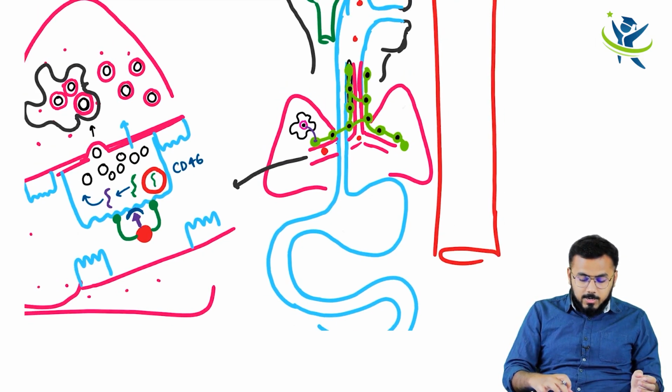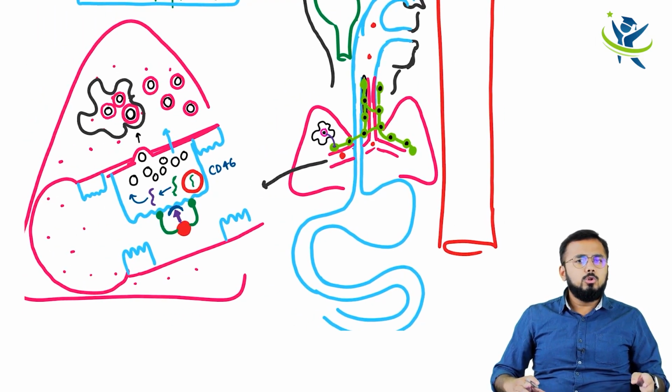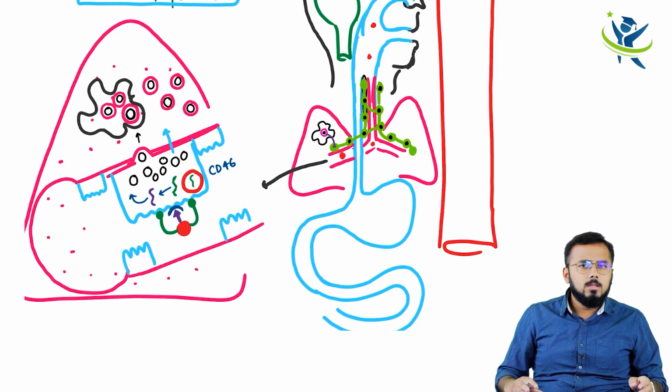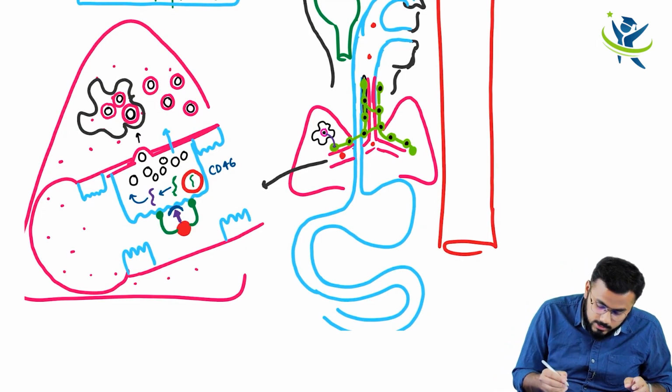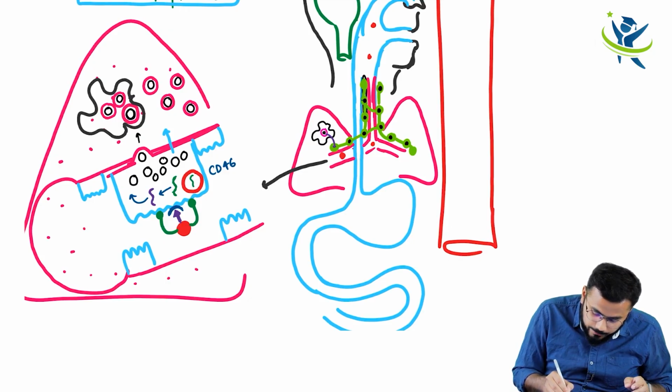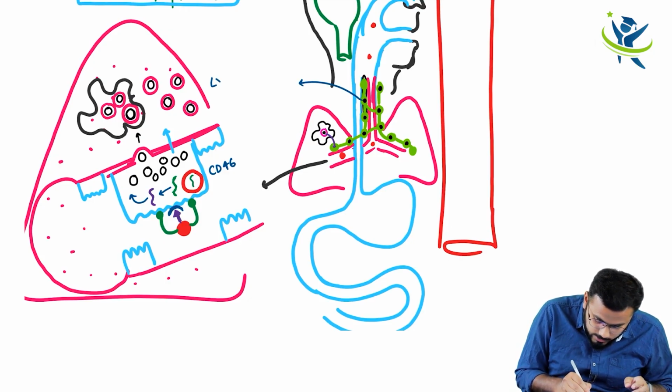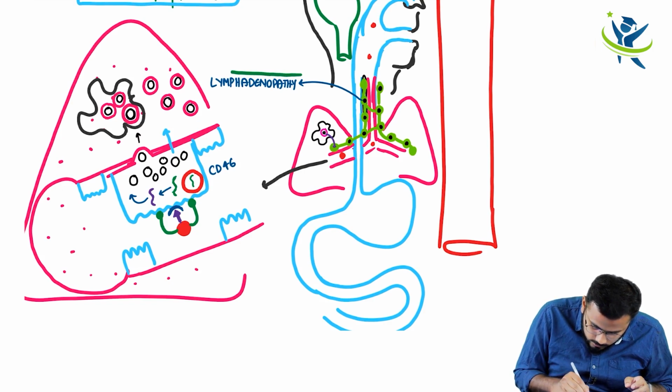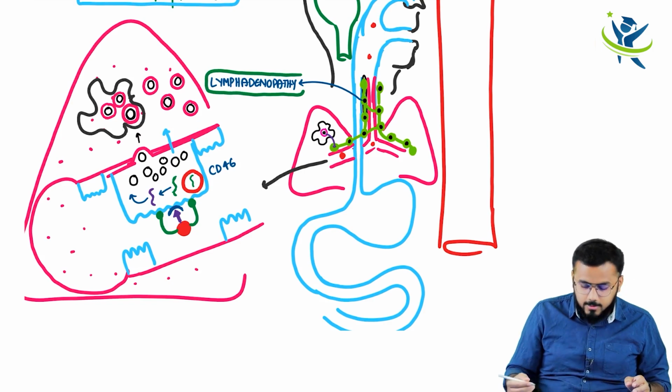So when the virus particle is going to your lymph nodes, don't you think the patient will have lymphadenopathy? Yes, obviously the patient is going to end up having a condition that is called lymphadenopathy, right?